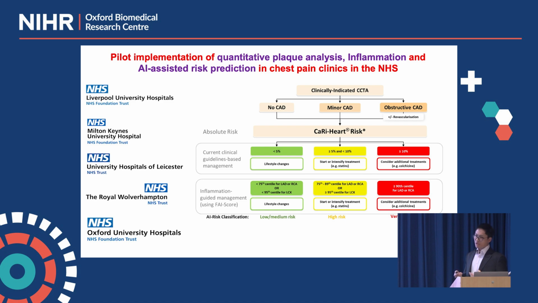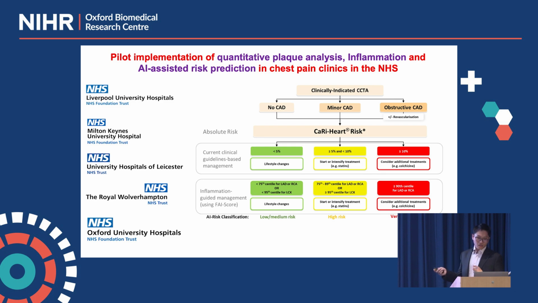Now, implementing the technology is almost as important as the innovation itself, and this has been piloted in a number of NHS hospitals, using similar categories to guide the preventative treatment strategies.